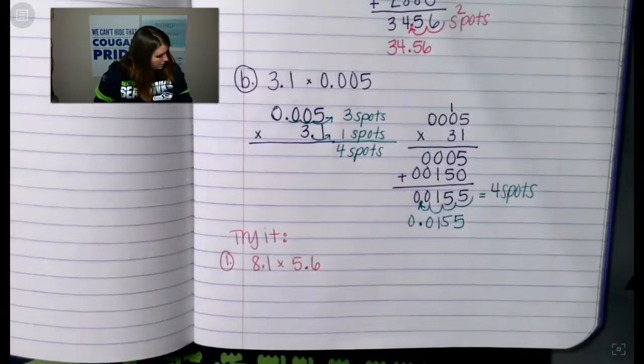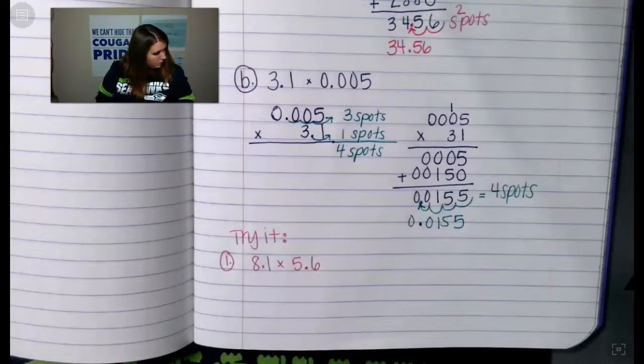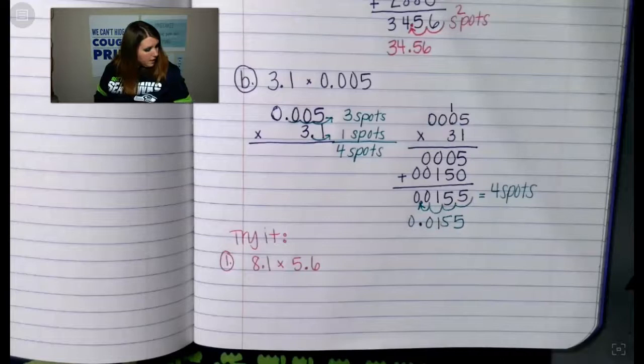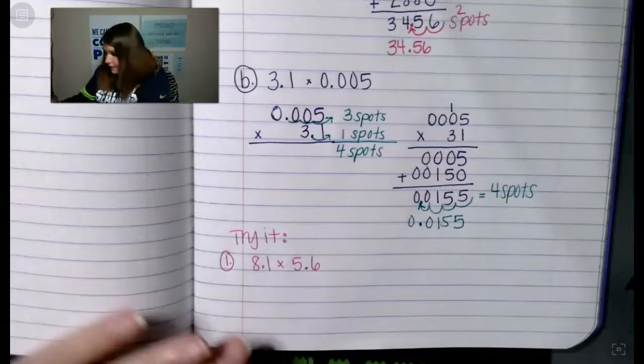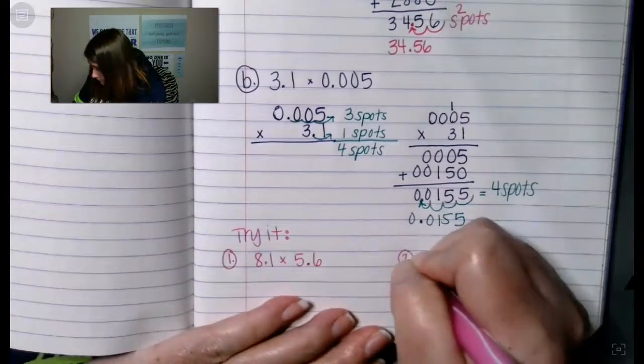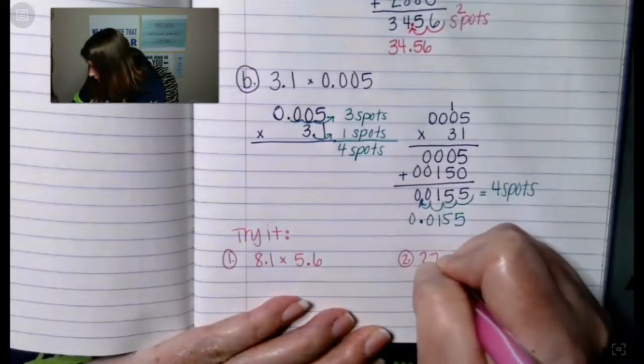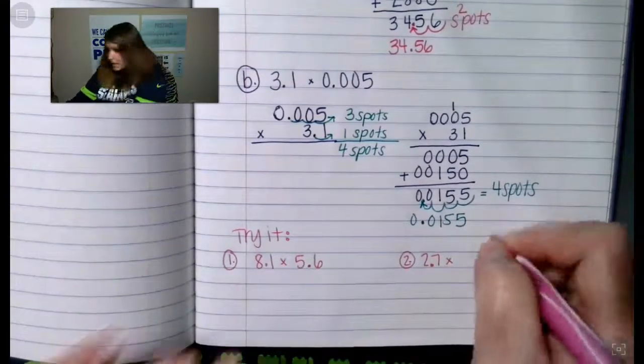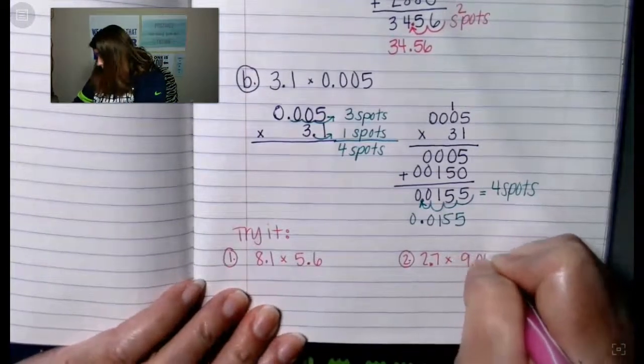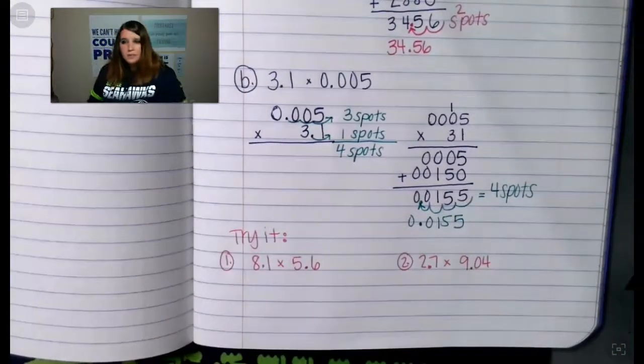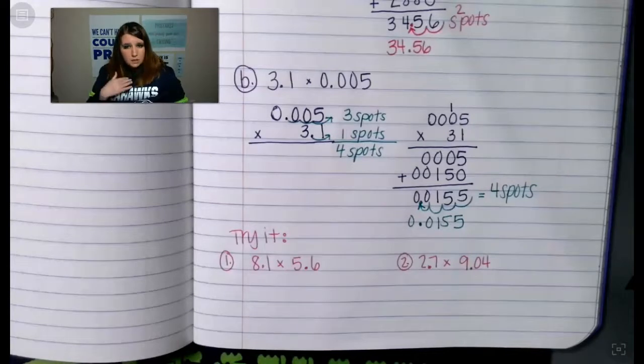And try it number 2 is 2 7/10 times 9 4/10. All right, go ahead and start your multiplication. Remember, hit pause so you don't hear me doing my multiplication, and then come back and check your answers.